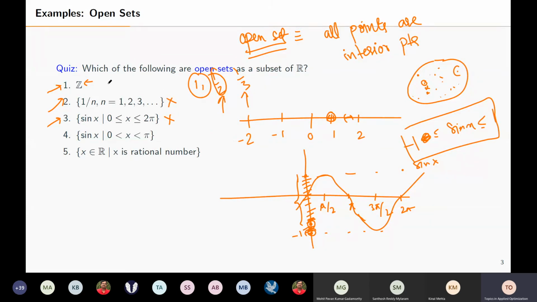So far all are not open. What about this one, 0 to pi? This is not open as well, because 1 is in it.